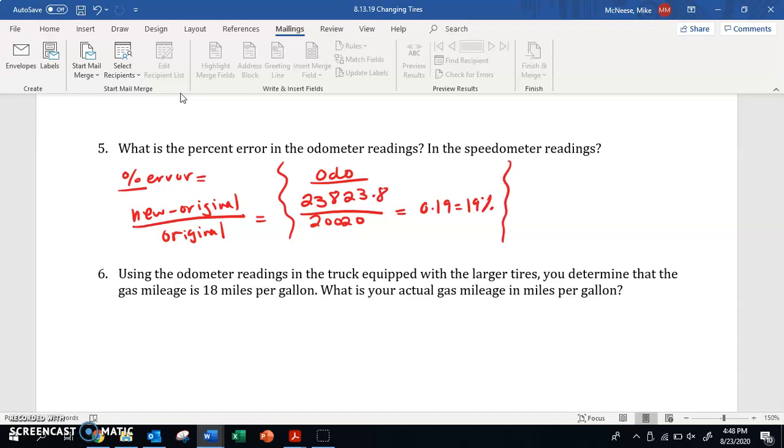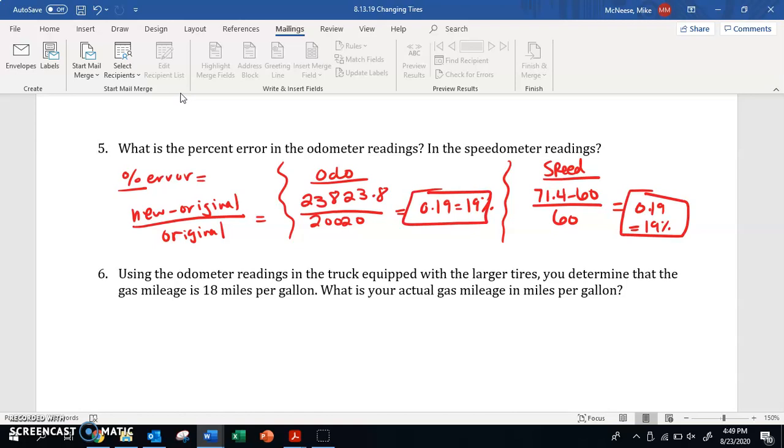And then for the speedometer, we've got 71.4 minus 60 divided by 60, and we're going to get 0.19 or 19%. It's not always going to be the same percentage, but in this case it is.